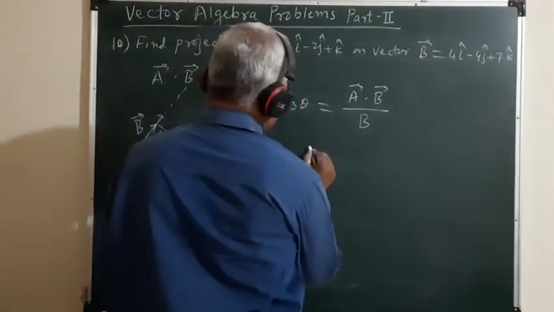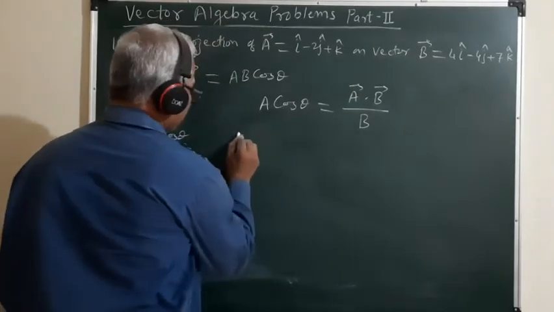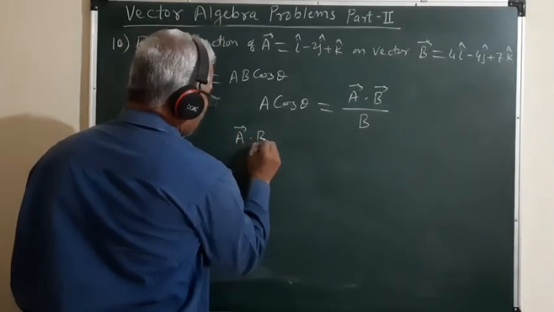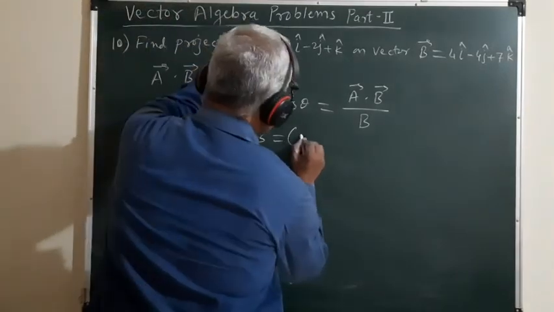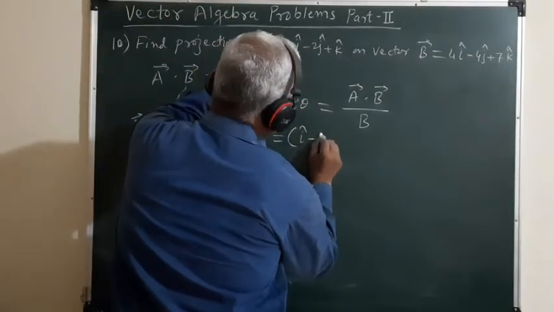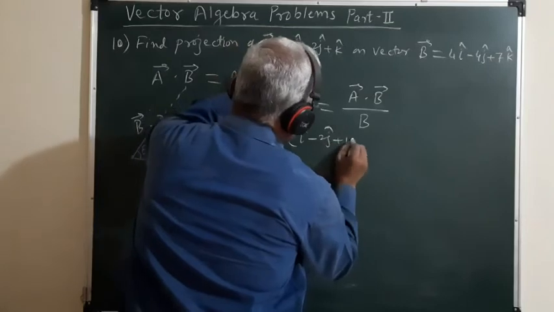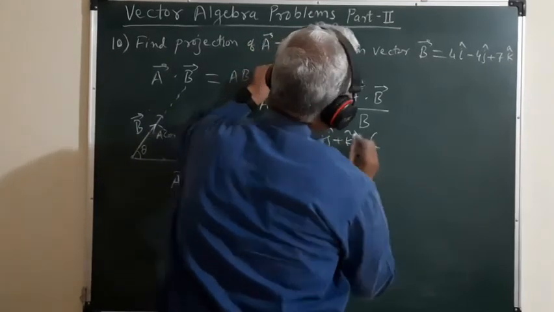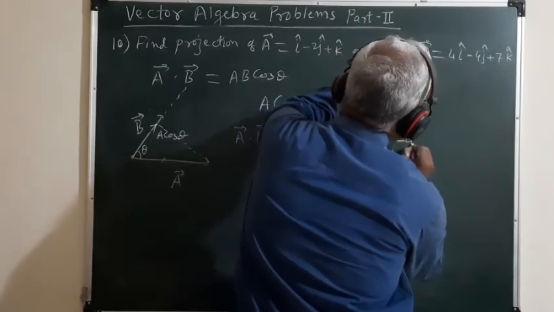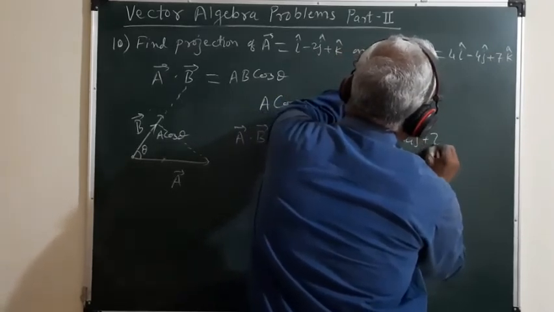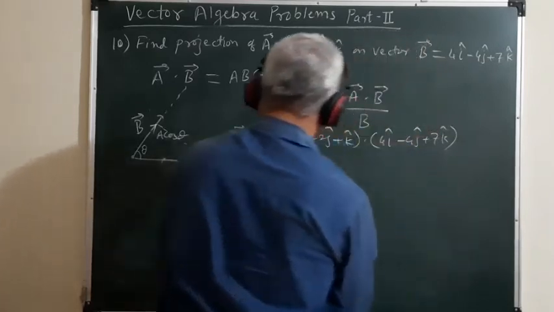So let us evaluate A bar dot B bar first. A bar dot B bar is i cap minus 2j cap plus k cap dot 4i cap minus 4j cap plus 7k cap.